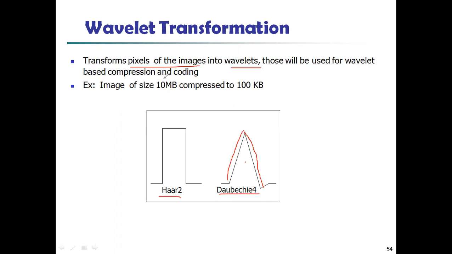In real time, we apply this wavelet transformation to transform pixels of images into wavelets. Those will be used for wavelet based compression and coding, which means if you have an image or picture and you want to compress that picture, then you use this wavelet transformation.